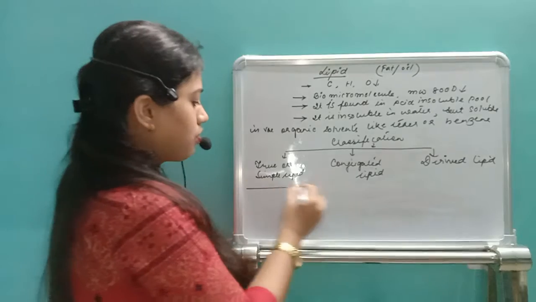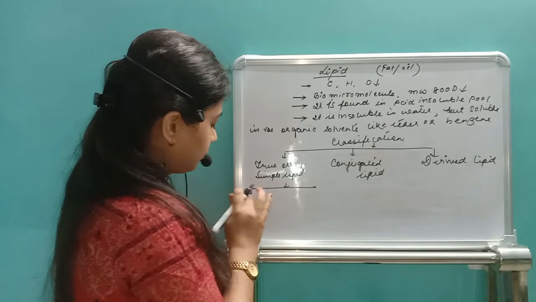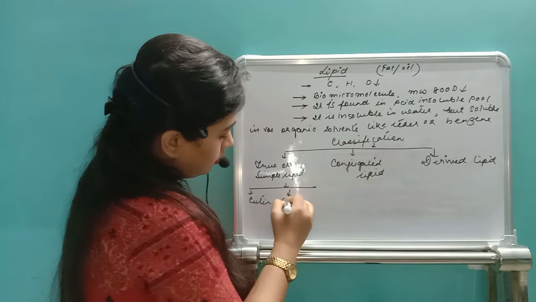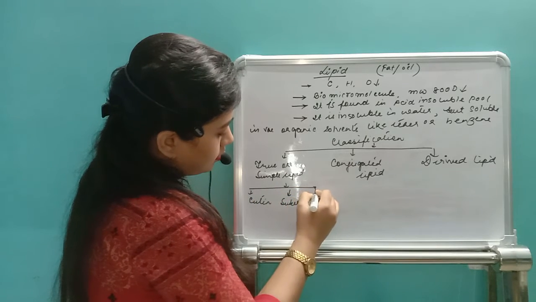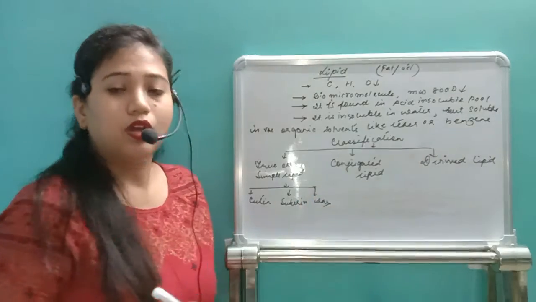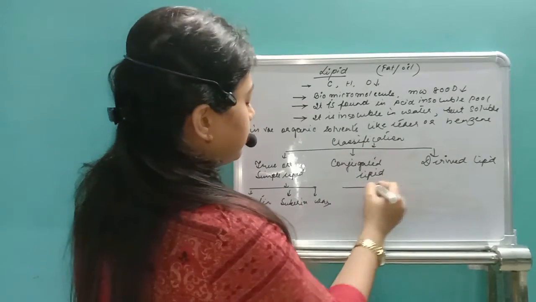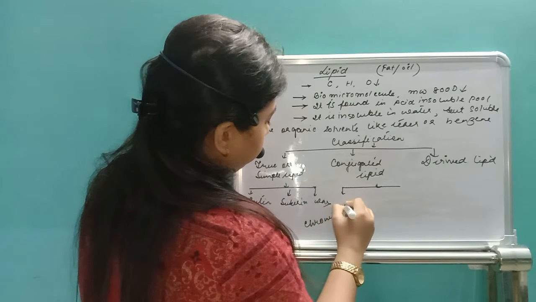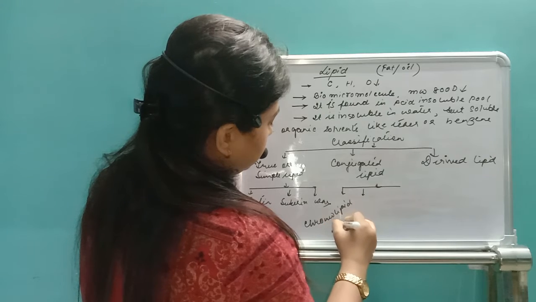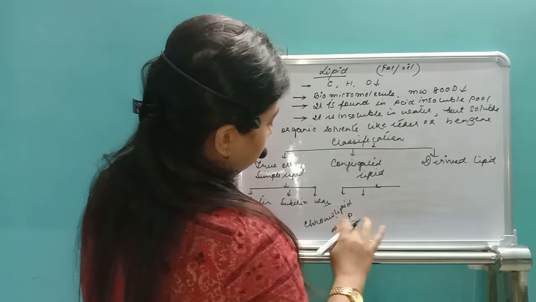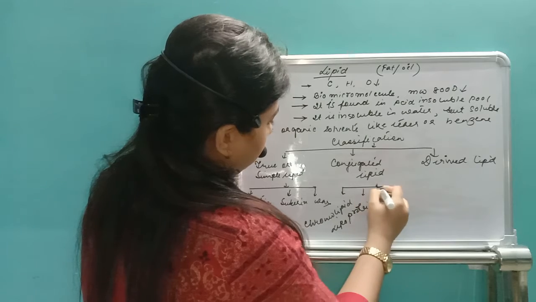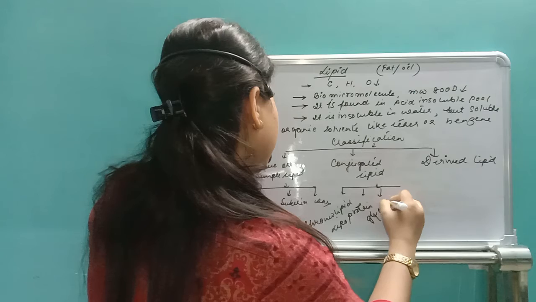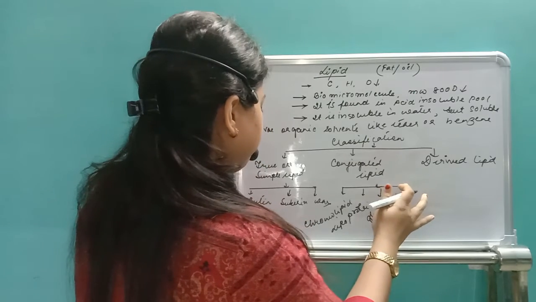In the true or simple type of lipid, we have cutin, suberin, wax, etc. If it is the conjugated lipid, we can have chromolipid, lipoprotein, glycolipid, etc.